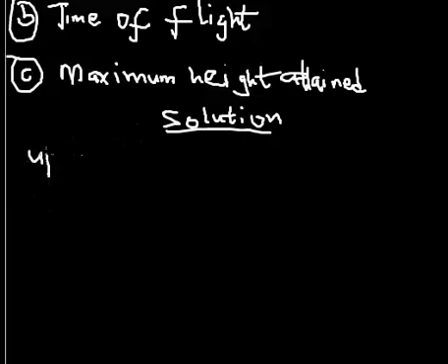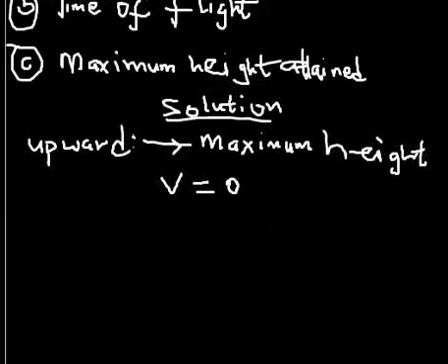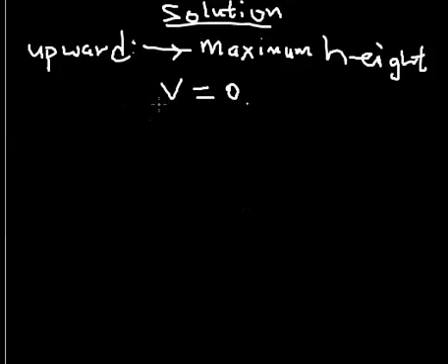For upward, we know that the acceleration due to gravity reduces, alright? And of course, that is why the velocity will reduce, right? So it will get to a point where it will not go up again. That point is actually maximum height. So please take note of this. At maximum height, the final velocity of that object is always equal to 0. Alright? At maximum height, the final velocity is always equal to 0.